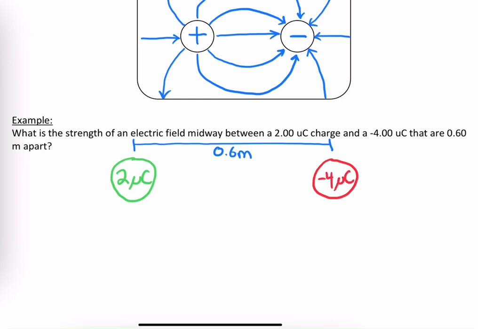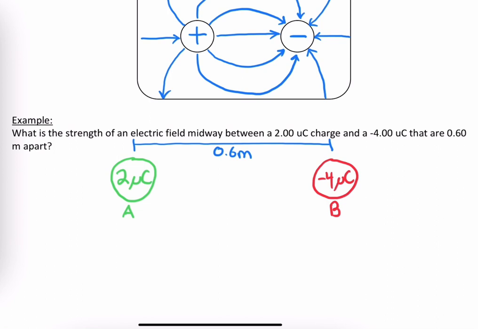And if I'm looking at a point midway between them, it'll be right over here. I want to know what the electric field looks like there. So there are basically two components or two parts to this electric field. There's the part that comes from the green charge and the part that comes from the red charge. We'll call the green one charge A, and we can call the red one charge B.